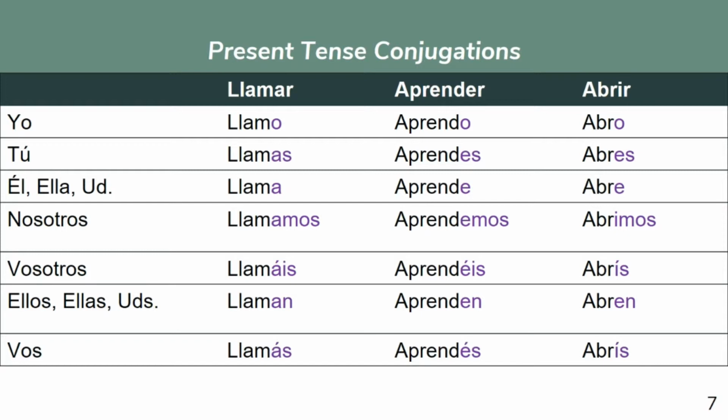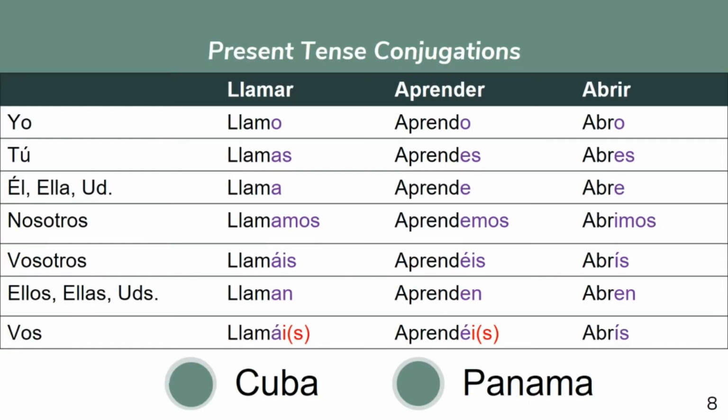To start off with, a little bit easier, in Cuba and Panama, the difference lies only with the AR and ER ending verbs. So in these countries, instead of adding as and es, you add á-i-s, and then you add é-i-s. And the s may or may not happen.